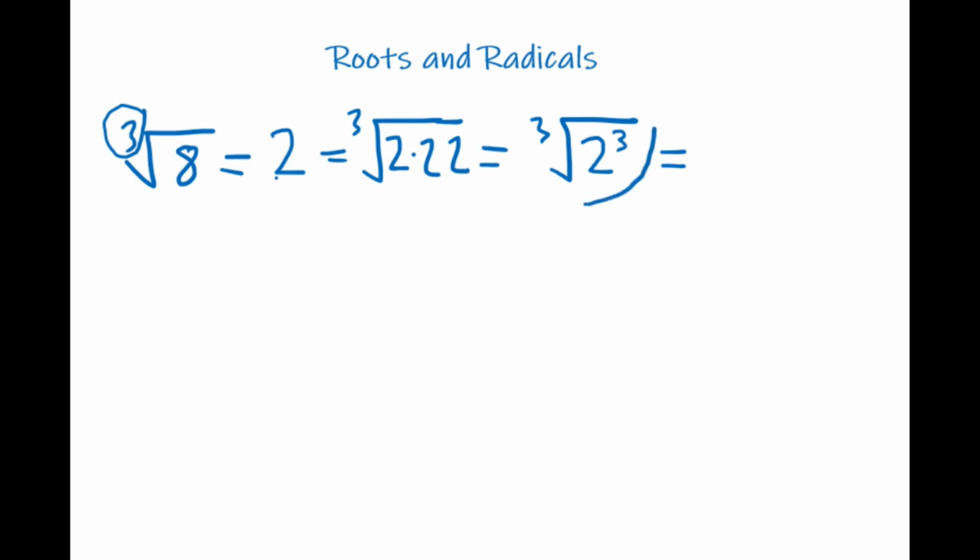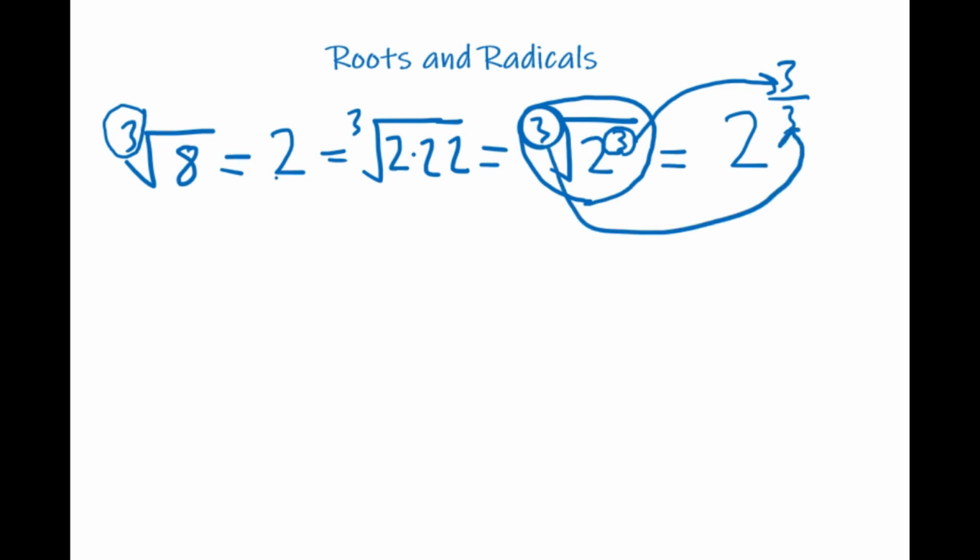If you write this in the form of a power, it's going to be equal to 2 to the power of 3 divided by 3. So that 3 comes to the numerator part, and the degree of the root comes to the denominator part. Let's say we have 3 square and the degree of the root is 4.